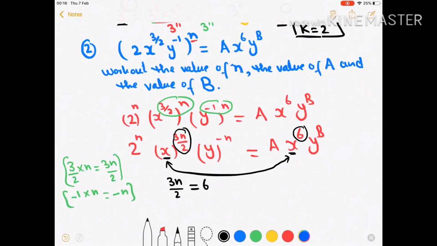When the bases are the same, then the powers are equal. Make sure to remember this technique. Then to get rid of the fraction, times by 2 on both sides, and 3n equals 12, and then divide by 3 on both sides, and n equals 4. So first, we find n equals 4.